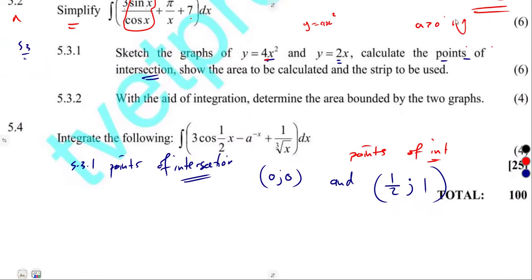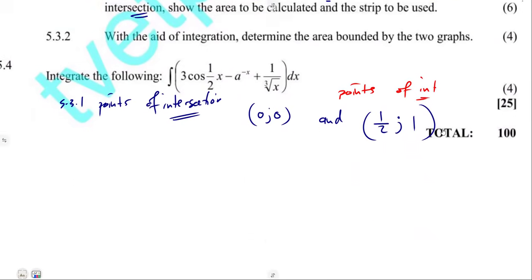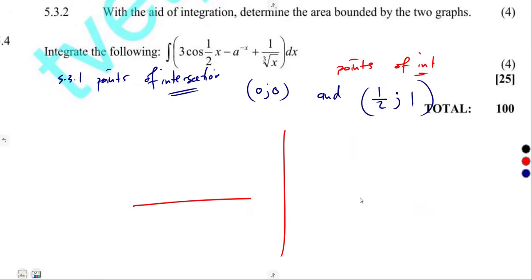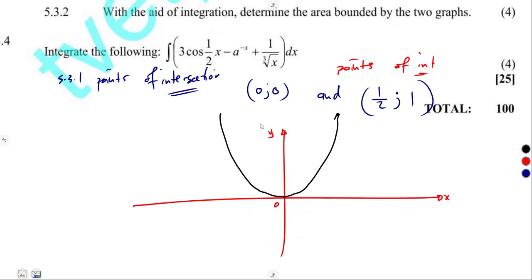It is concave up, symmetrical about the y-axis, when it is simply ax squared. So in this case, it is going to be like that. Concave up, passing through the origin and being symmetrical about the y-axis.